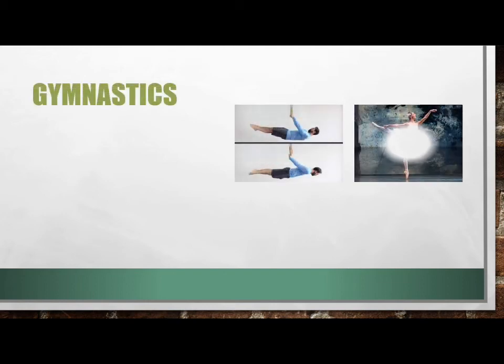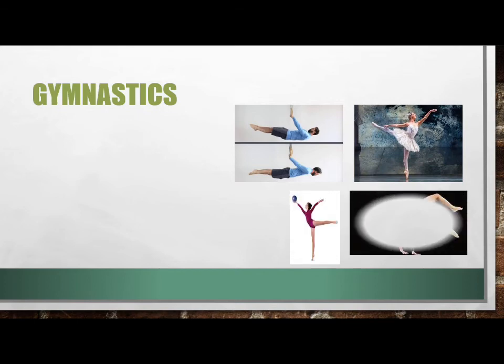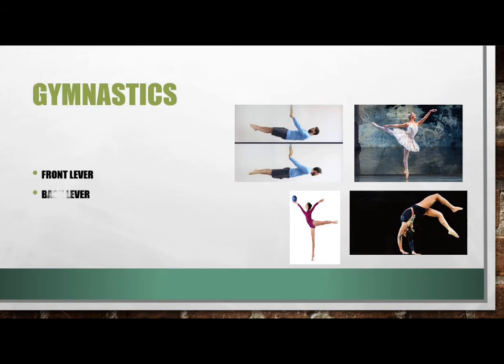In gymnastics, there are two kinds of lever: the front lever and the back lever. It is a gymnastic and calisthenic move, a static hold which is normally performed over steel rings or a bar. The front lever requires higher strength of the core and the back muscles.